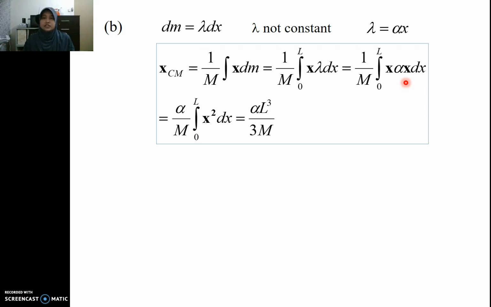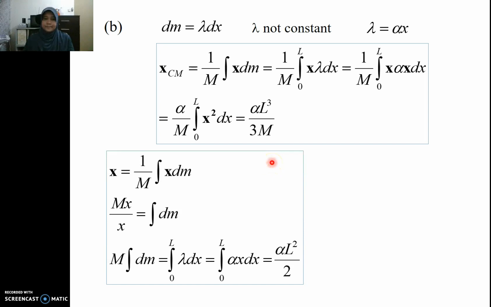We just integrate x squared, so we get x cubed over 3, and we get x_cm is alpha L to the power of 3 over 3m.